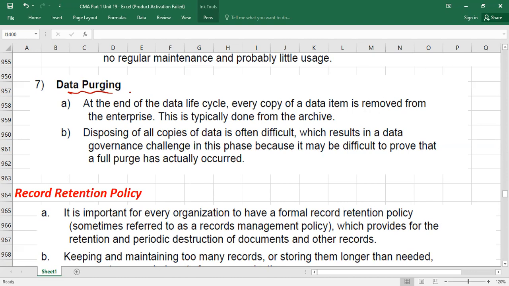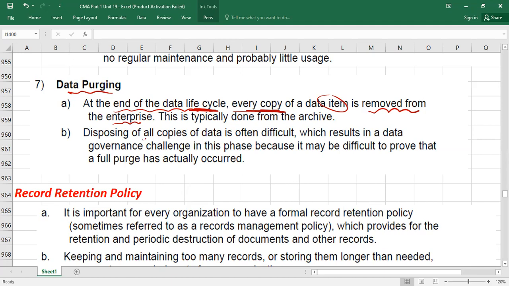I'm not sure. So data purging means at the end of the data life cycle, every copy of a data item is removed from the enterprise. They are going to purge it, destroy it, dispose of the data. And obviously data disposal is not easy. It's not like you will just throw the paper outside. No, you have to trash it properly, right?